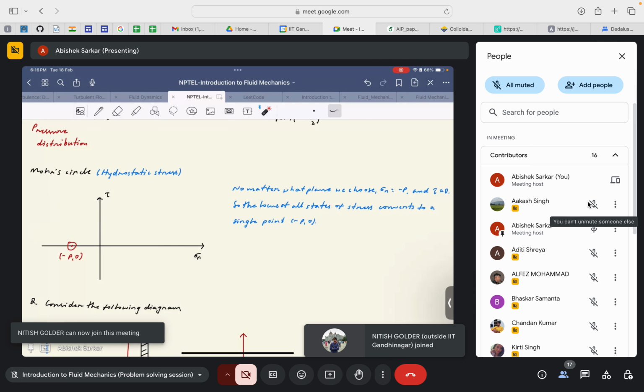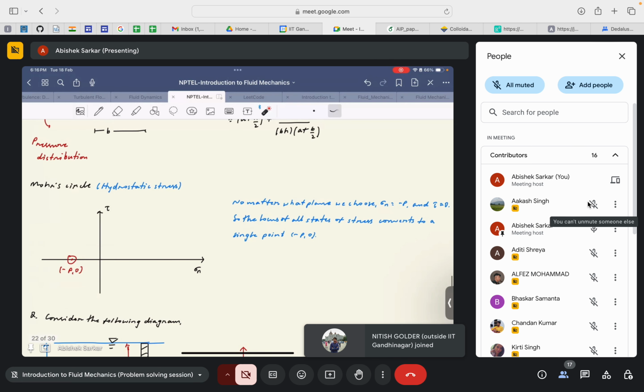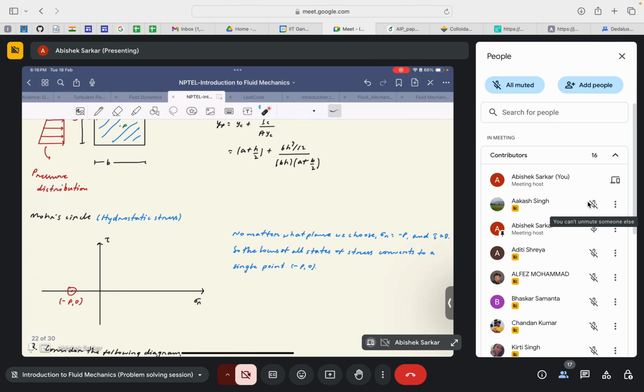So here again Prof. Chakraborty mentions presenting these hydrostatic stresses in the Mohr circle. Mohr circle is a topic of discussion that is beyond the scope of this course, but it's quite relevant, since if you had taken some solid mechanics course, for example a strength of materials course, you will be quite aware of the concept of Mohr circle, where it is used to quantify the shear stresses and normal stresses that act on a particular body.